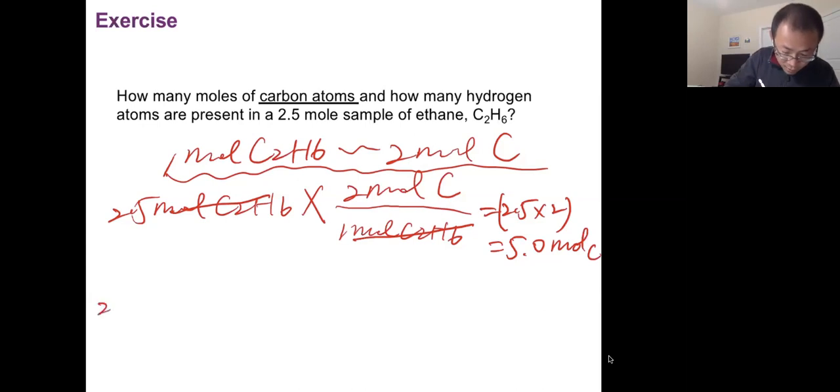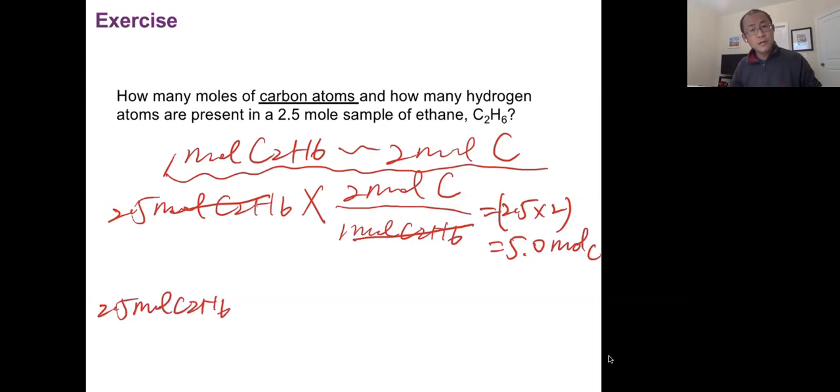But again, guys, keep that in mind. We always start with the given. Okay, form a good habit. No brainer, start with the given. What is the given? 2.5 moles of C2H6. If I want to know how many hydrogen atoms, I need to think about what the real number is connected to.